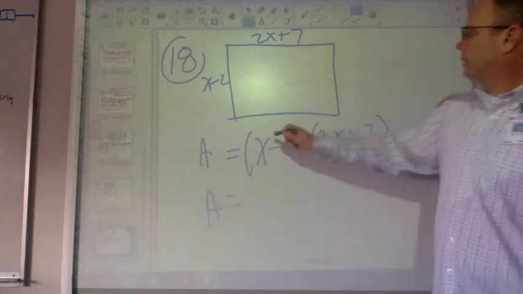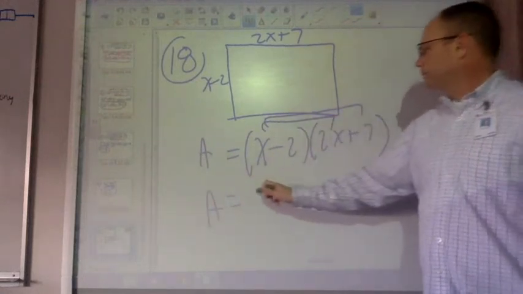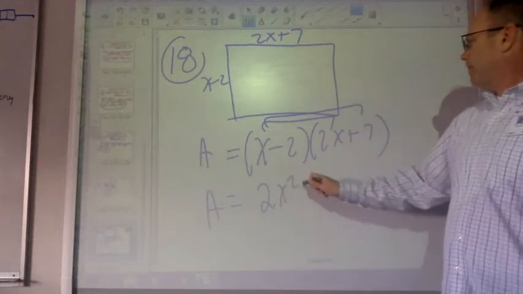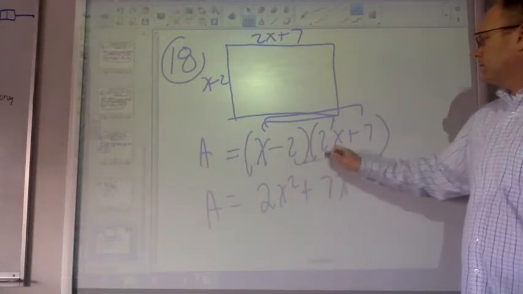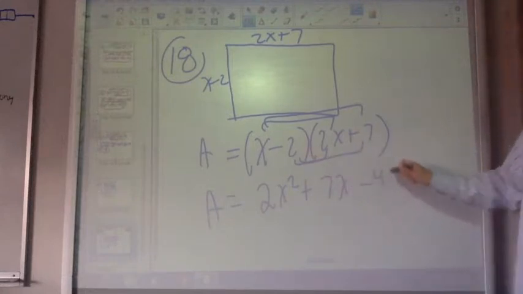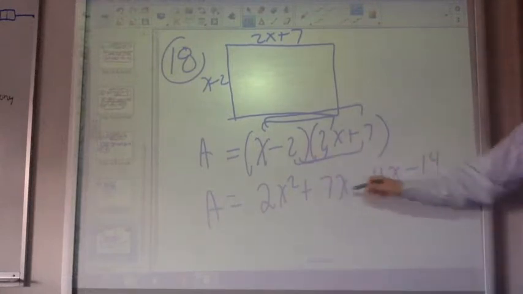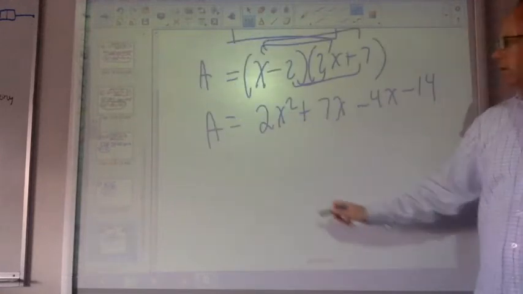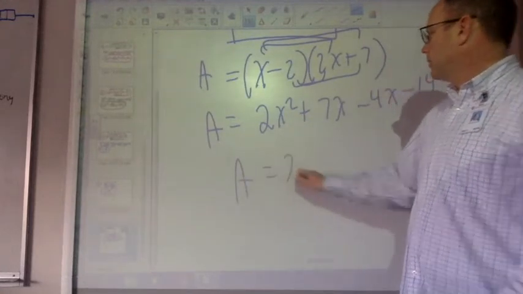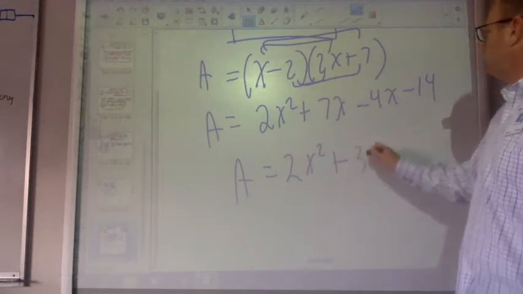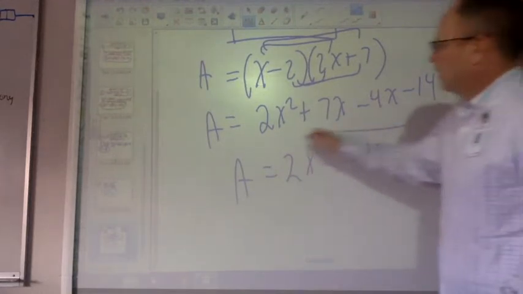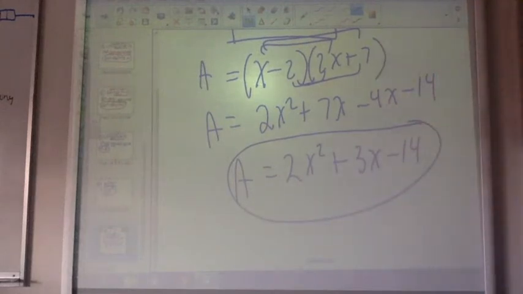Okay, so distribute. Combine our like terms. So our area to this is... Because we were supposed to find the area, right? Okay, yeah.